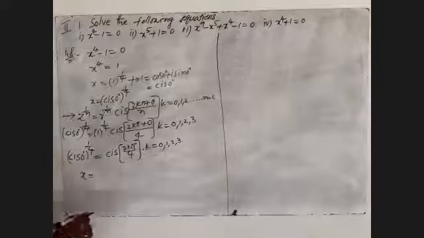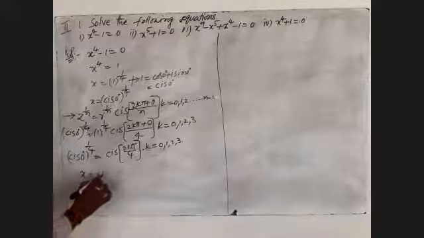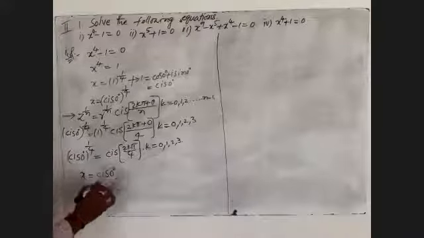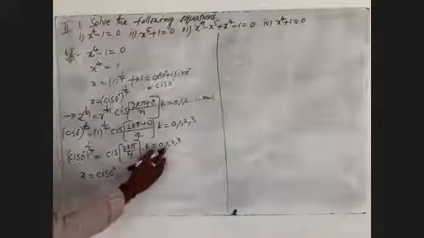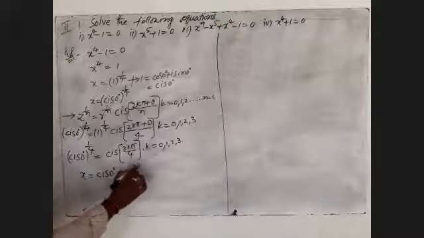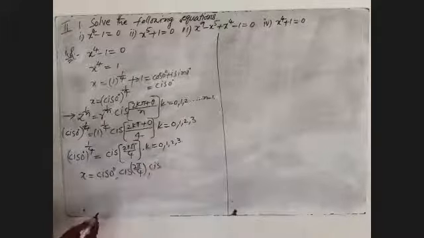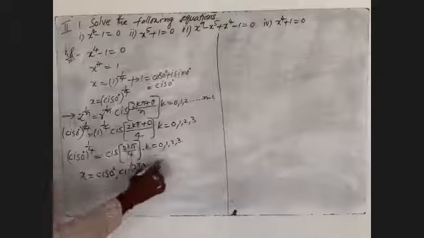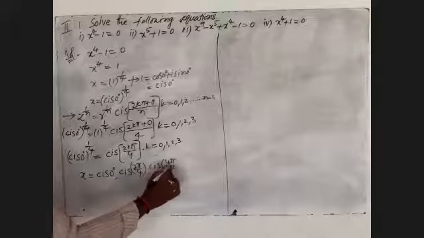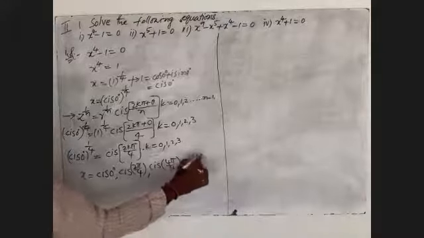x is equal to, first we substitute k is equal to 0: 0 into any value is 0, so the value is cis of 0 degrees. Next, substituting k is equal to 1, we write cis of 2 pi by 4. Then k is equal to 2: 2 into 2 is 4, so 4 pi by 4. Finally k is equal to 3: 3 into 2 is 6, so 6 pi by 4.